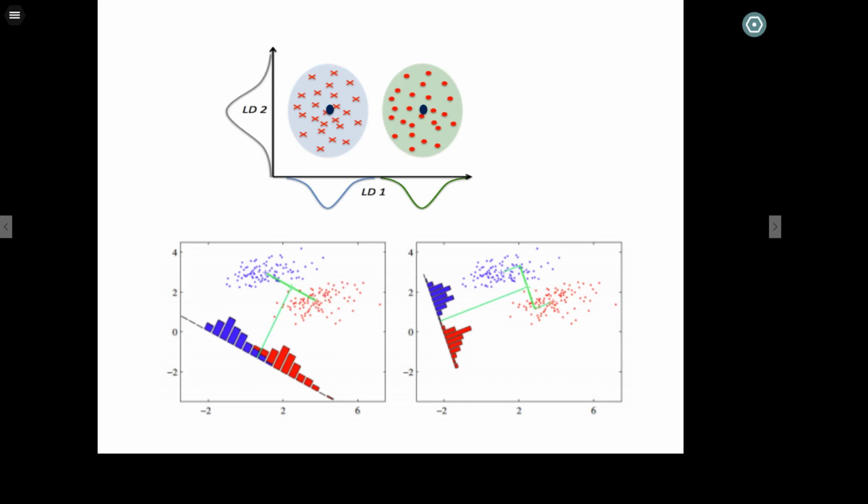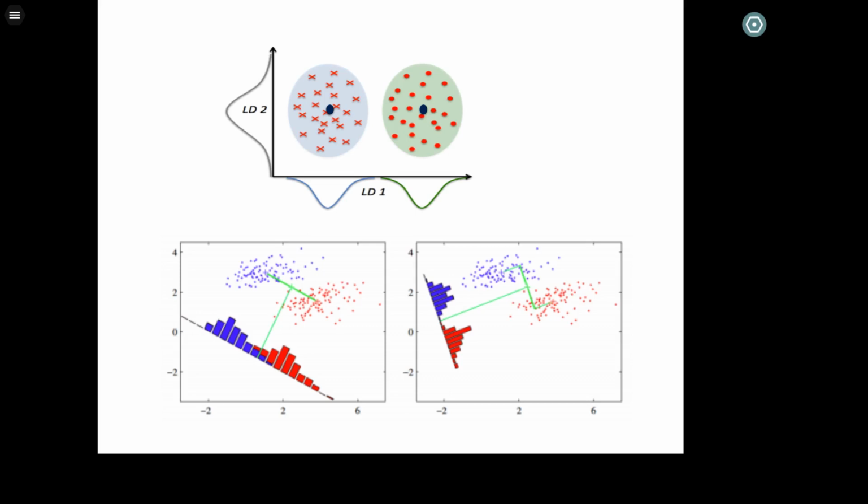We connect the two centers with this line. Does that mean we should project data to this direction, like what was shown on the left? It is actually not optimal. It's optimal to project this way.